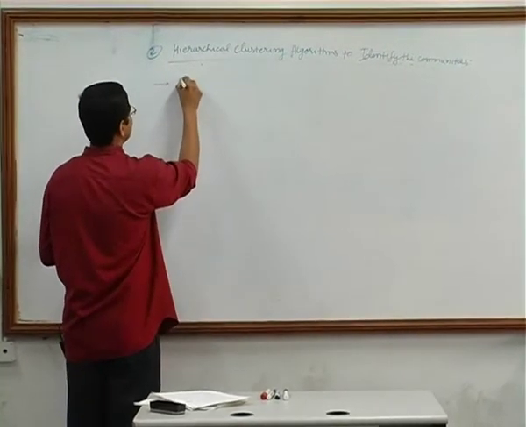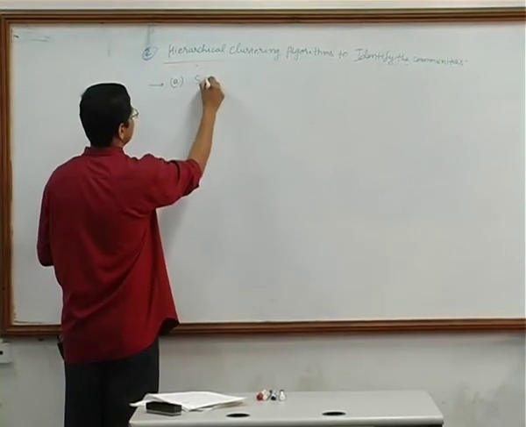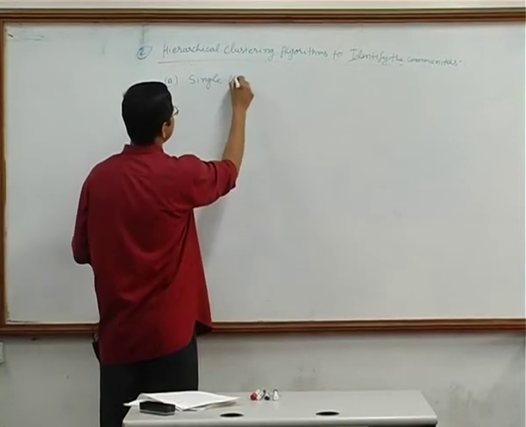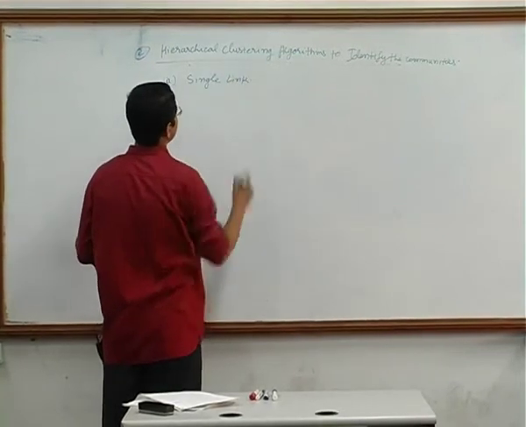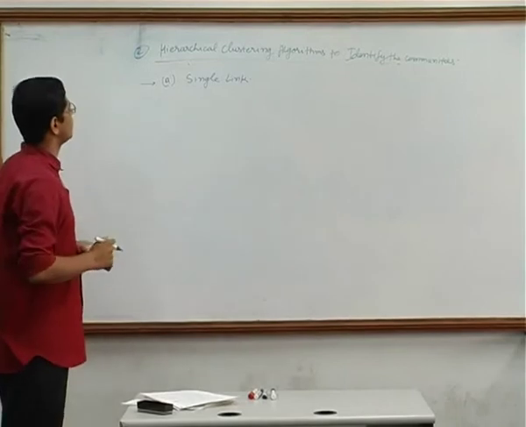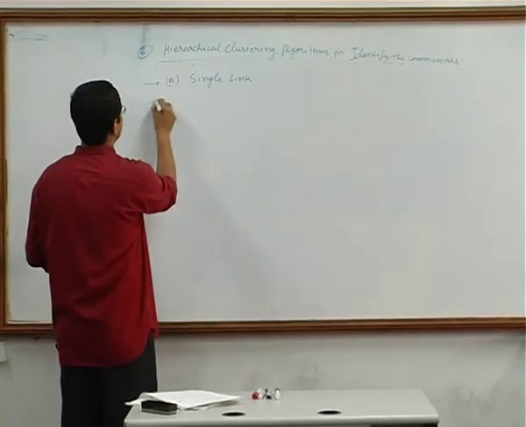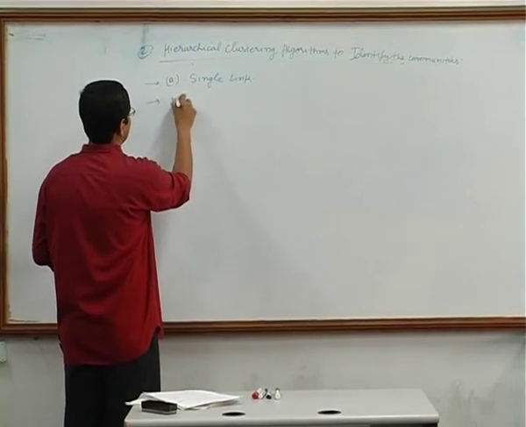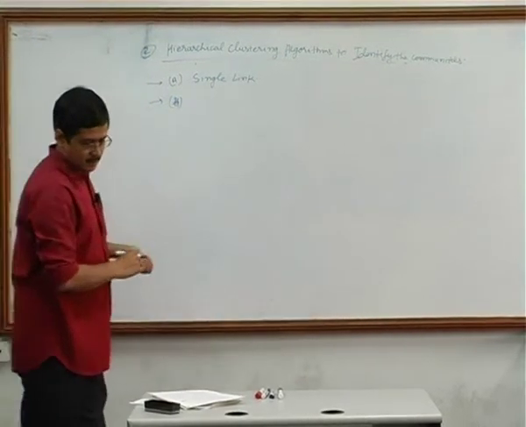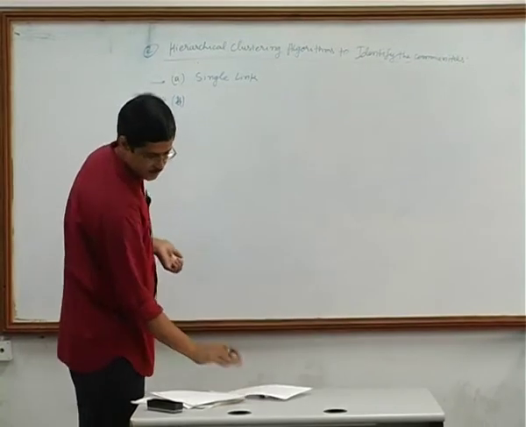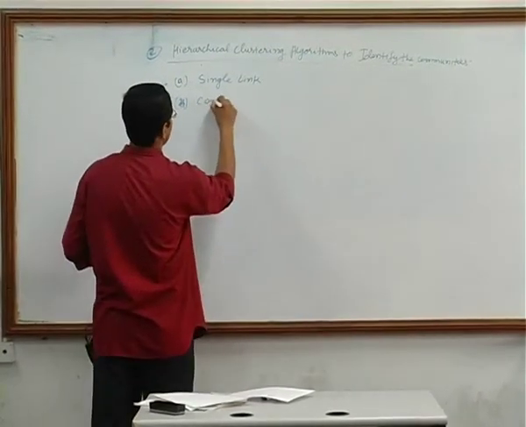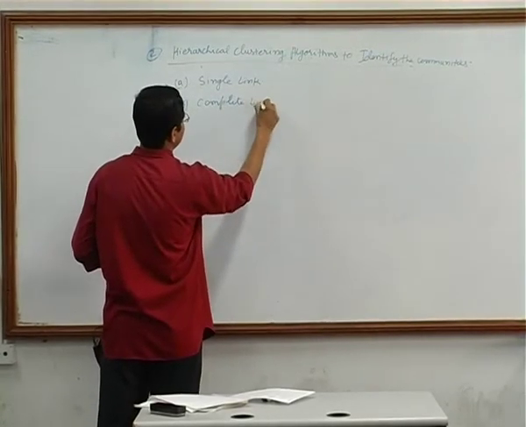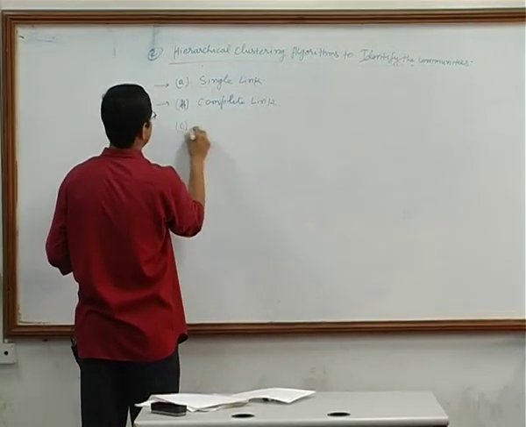First is single link. Second is complete link, and third is average link.